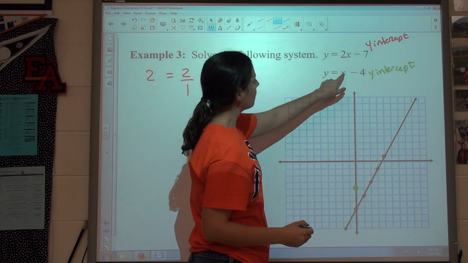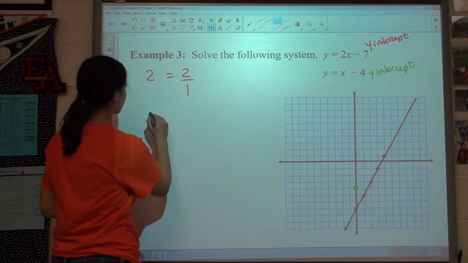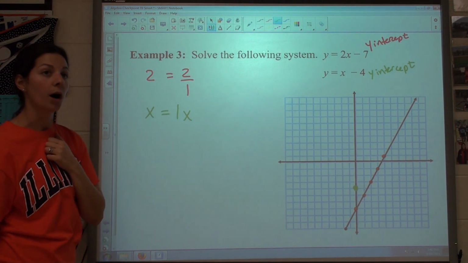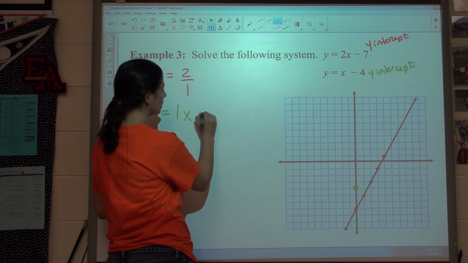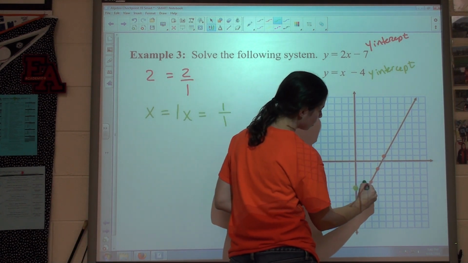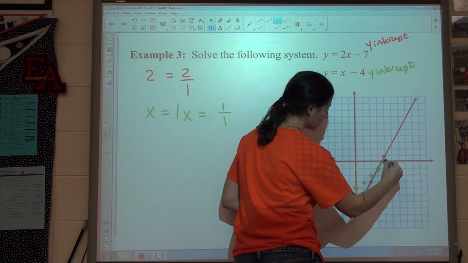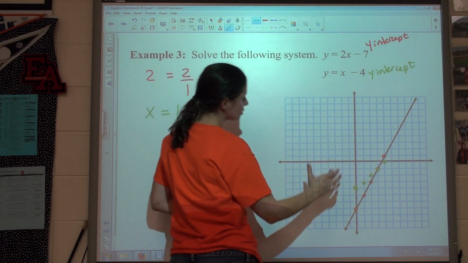And then remember that we don't write the number 1 in front of here, but it's there. So if I have x, that's the same as 1x. You can write a 1 in front of the x if you want to, and there's nothing wrong with doing that. So again, my slope is going to be 1 over 1. So I'm going to go up 1 over 1, up 1 over 1, up 1 over 1, and I think we can already see where the intersection point is going to be. And then I'm going to draw my line.